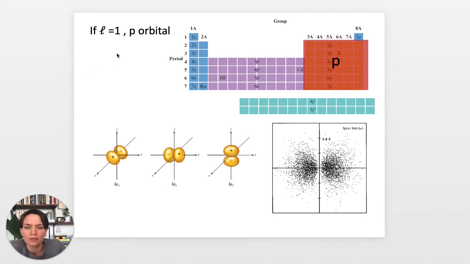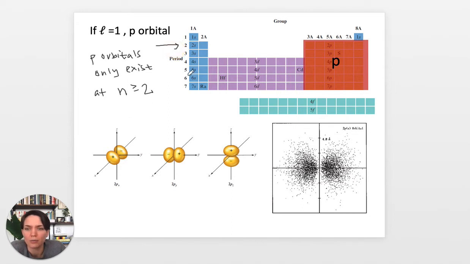In order for L to equal 1, we know that p orbitals only exist at n greater than or equal to 2, right? Because L is 0 to n minus 1. So in order for L to equal 1 and to have a p orbital, we have to be in row 2 of our periodic table, or higher.